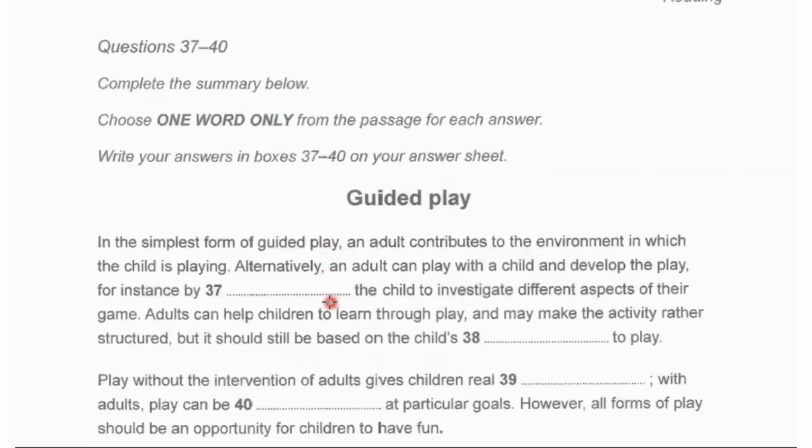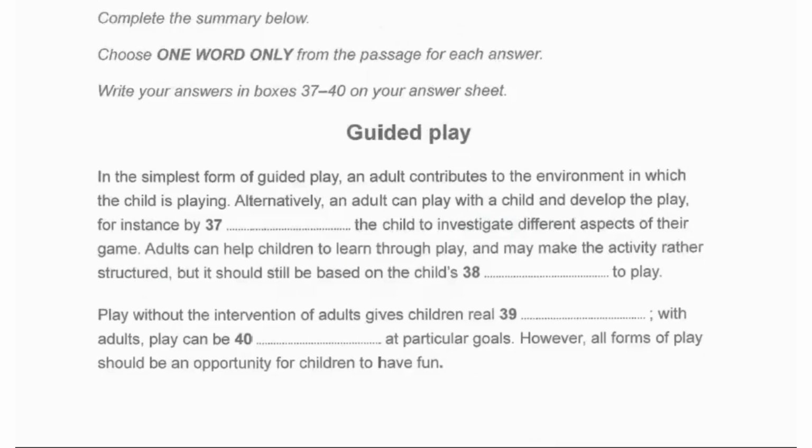For instance, by encouraging the child. Encouraging is actually better, to me. By joining the child to investigate, by encouraging the child to investigate. Encouraging is better. I'll go for encouraging. Number 37, encouraging.